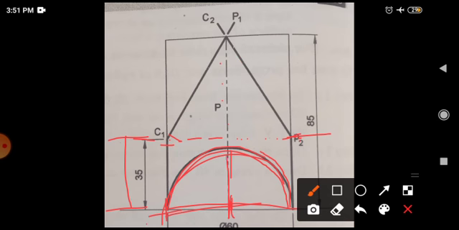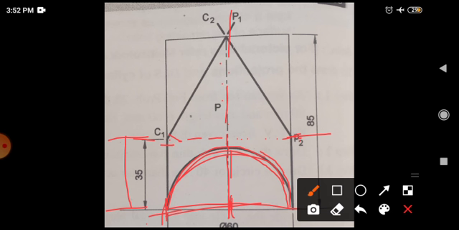Properly draw the center line. The meaning of center lines, hatching lines, dimension lines and their specifications were studied in first year, so apply them properly. Then only your figure will have meaning.